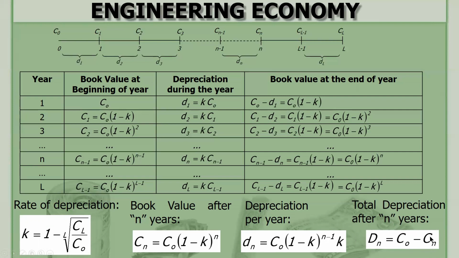If you reverse it, transpose C sub n and D sub n, then the total depreciation is first cost minus book value. So these are the formulas for the declining balance method.